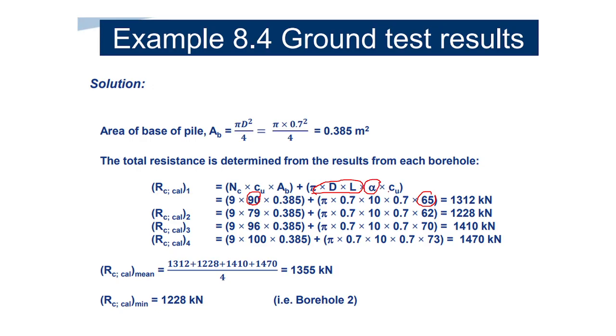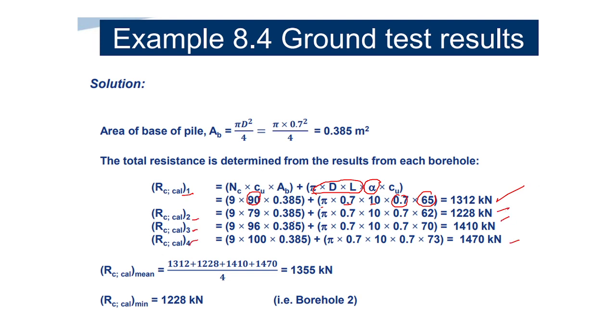And then this one is the factor, which is 0.7. So you have here L is 10, the length, or the depth of the pile. So this is the total resistance or bearing strength, the ultimate bearing capacity for borehole 1, and then for borehole 2, borehole 3, borehole 4.